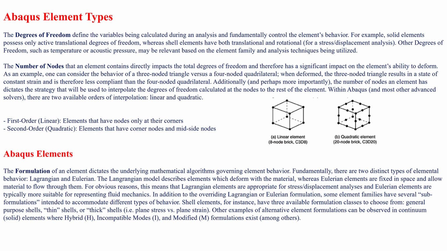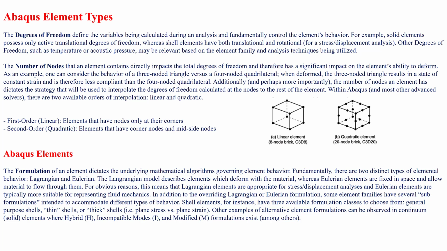Now, Abaqus element types. The degrees of freedom define the variable being calculated during the analysis and fundamentally control the element's behavior. How exactly the degrees of freedom get implemented on these elements, we'll see.